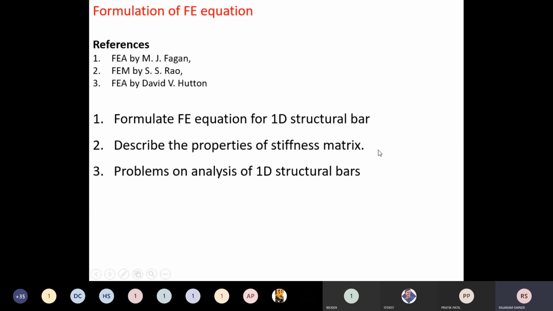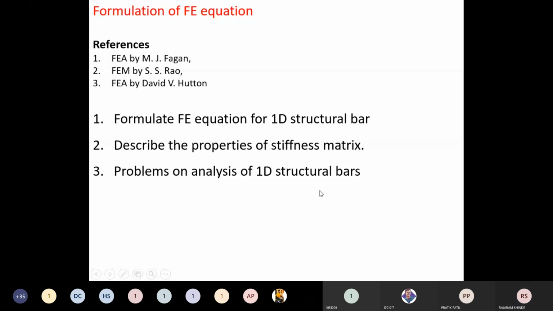The stiffness matrix is the property matrix and it has some properties. I will explain what those properties are, and if you get these properties, you can get your results. After that, we will solve some problems on 1D structural bars.